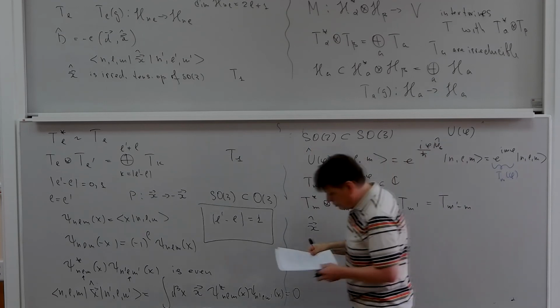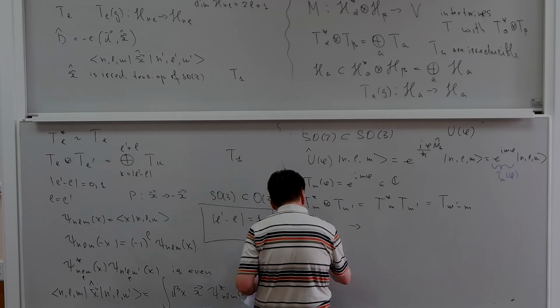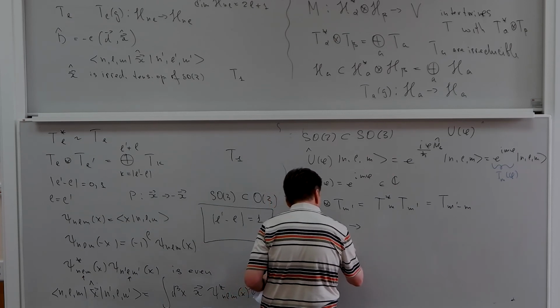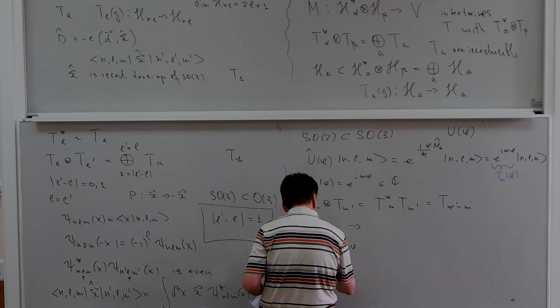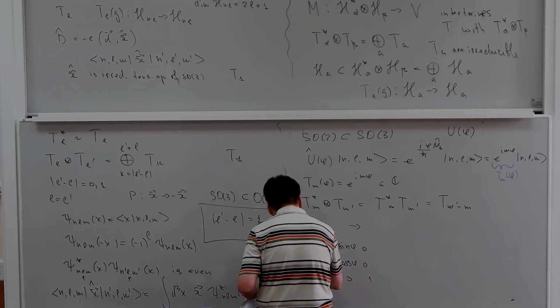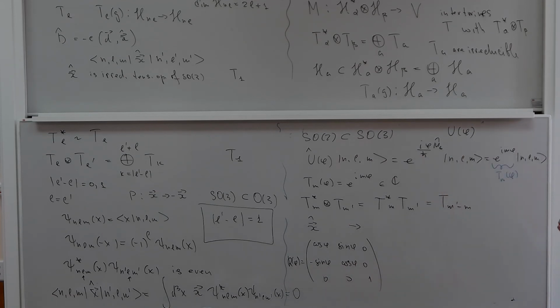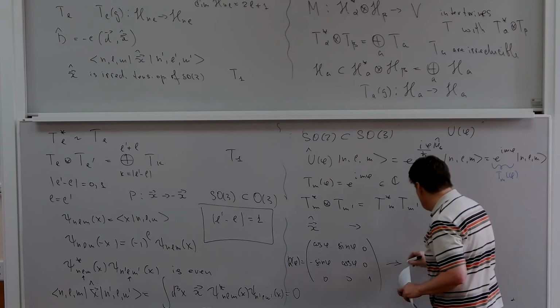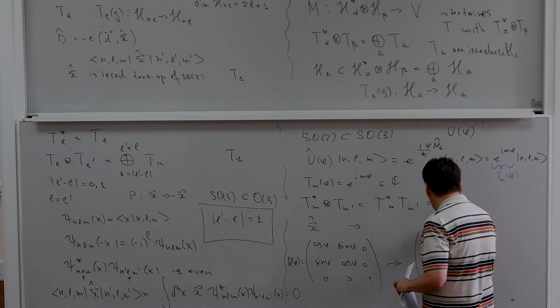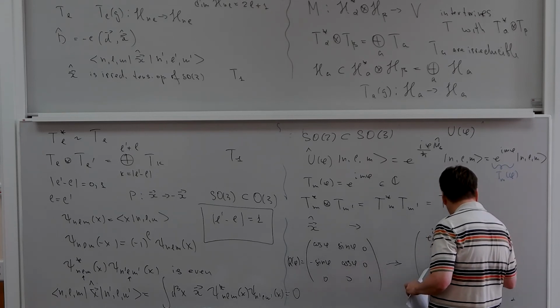This is because the matrix of space rotations, cosine phi, sine phi, minus sine phi, cosine phi, 1, can be brought into diagonal form by a unitary transform, with entries e^{iφ}, e^{-iφ}, 1.